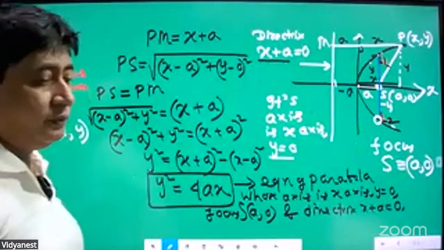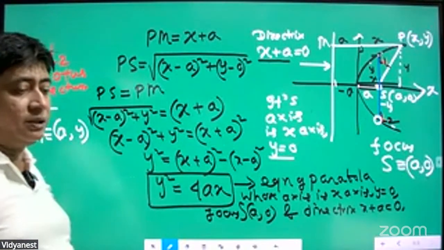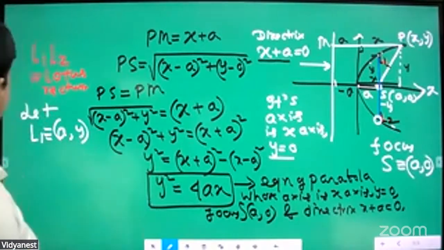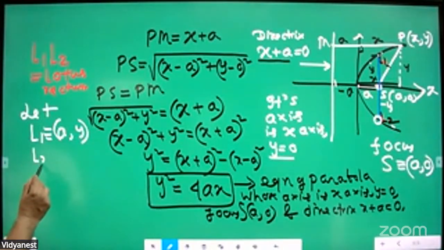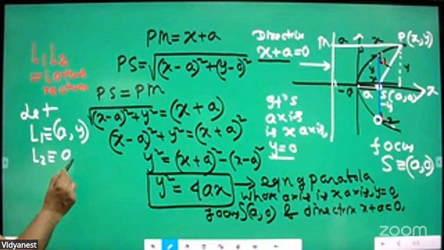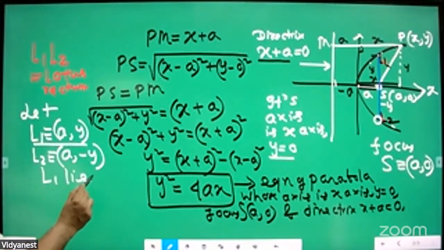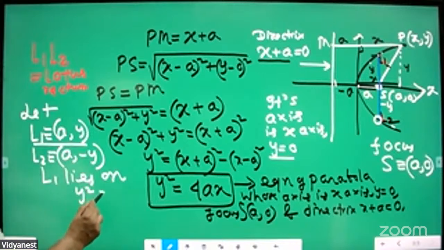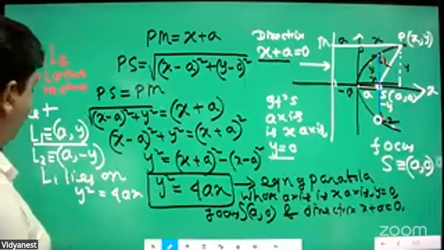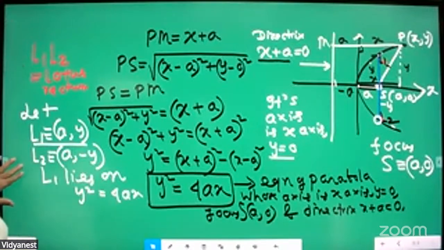Okay, L2 is a comma minus y. Now where does L1 lie? L1 lies on y square is equal to 4ax.